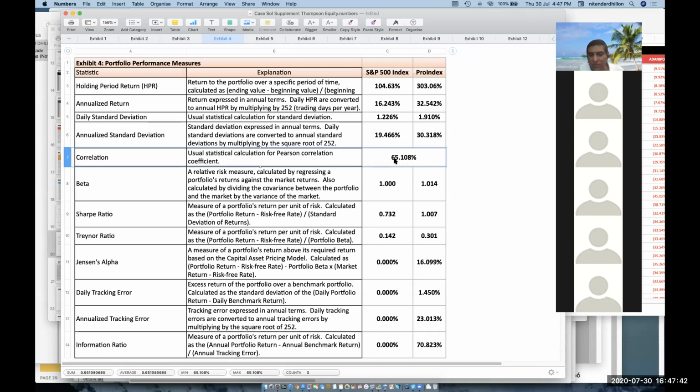Now 65% is on a scale of -1 to +1. So ideally 80-90 would mean a very strong correlation. It's very strongly linked or moves with the index. Otherwise, the association is right now 65% only.